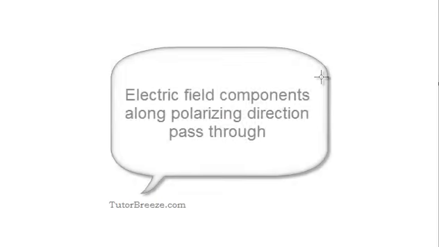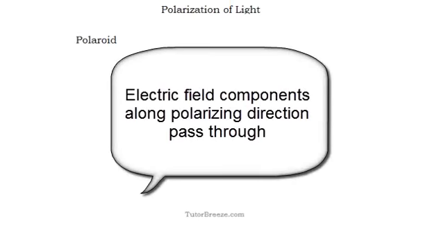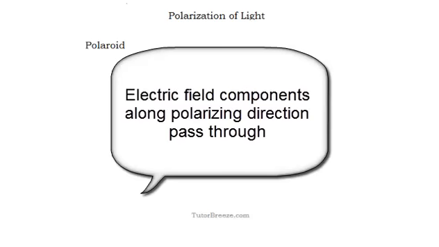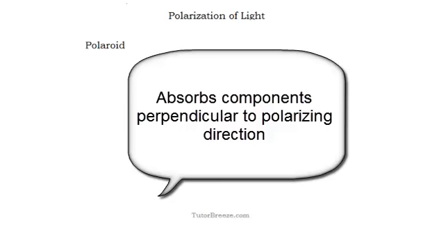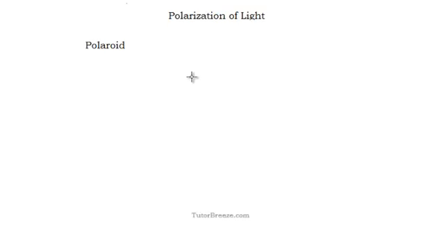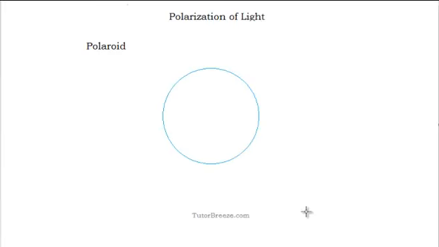Now we'll take a look at a Polaroid. A Polaroid has a special property of allowing light parallel to its polarizing direction to pass through and absorbing the components which are perpendicular to its polarizing direction. Let's just take a look at this. Say this is a polarizing sheet.